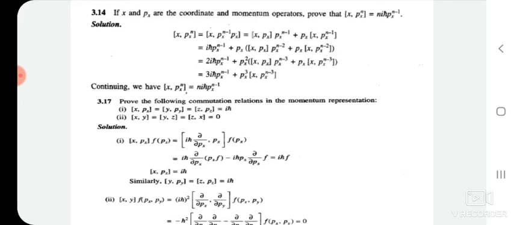Now, we know the commutation relation [x, px] is equal to iħ, which gives iħ px^(n-1) plus px [x, px^(n-2)] plus px [x, px^(n-2)].